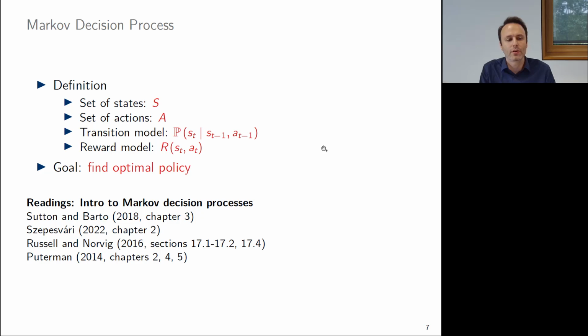Now, a Markov decision process is defined by a set of actions that we denote by capital A, and a set of states, that is capital S, and also a transition model that we now assume to be known, which is the probability to end up in state s_t, given that we have been in state s_{t-1}.